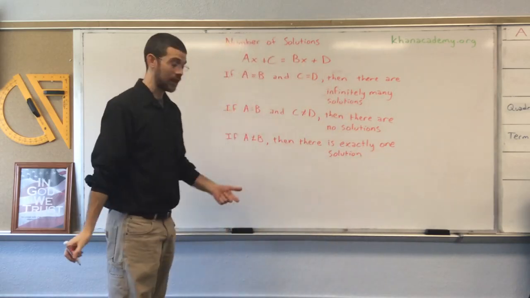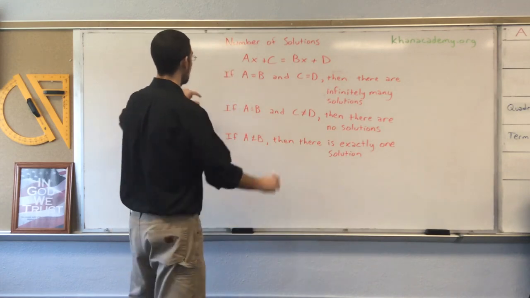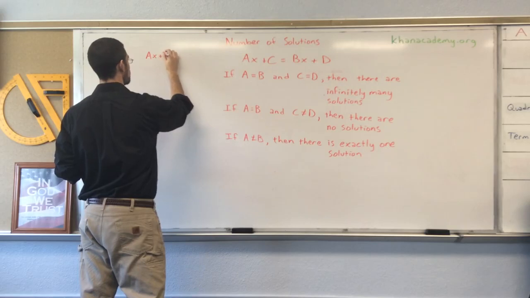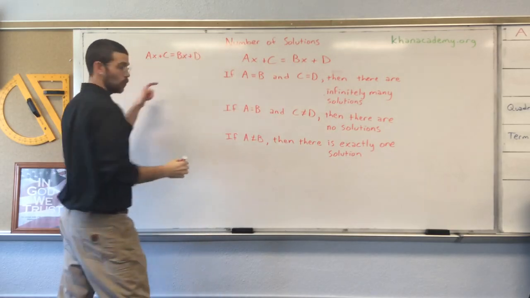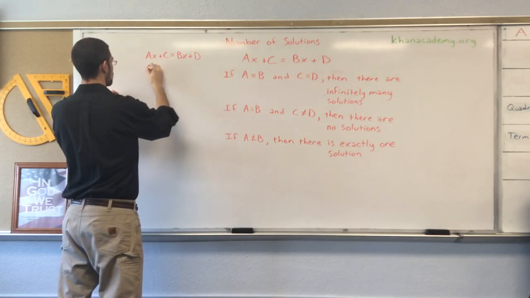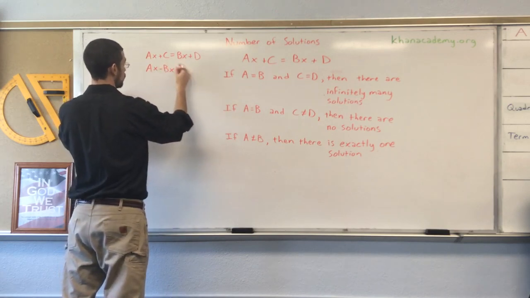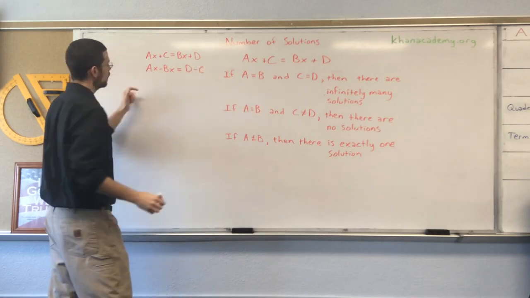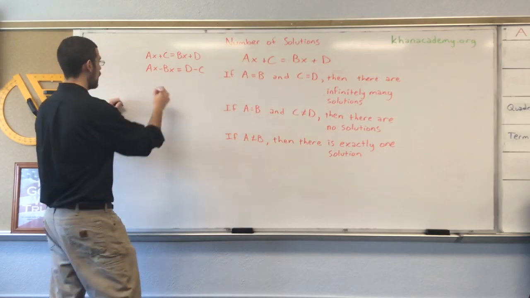And if we wanted to know what that solution was, we could do a little algebra on this. So let's do that. Let's say AX plus C equals BX plus D. Now we want to solve for x, so we will subtract BX's and we will subtract C from both sides. And then we can use the distributive property to factor out an x.